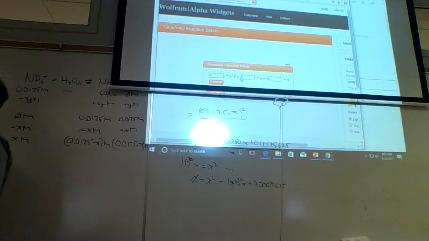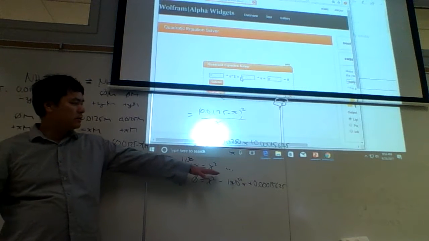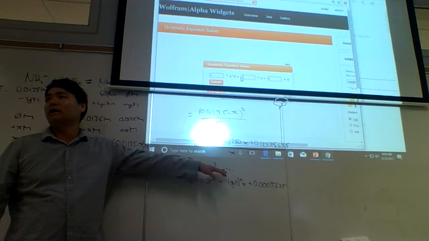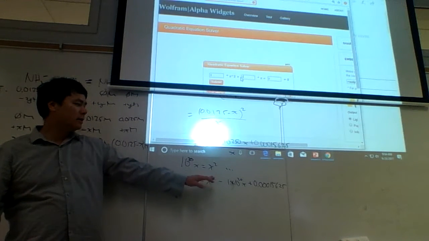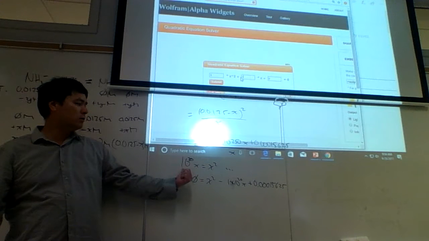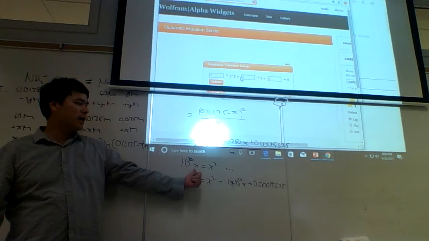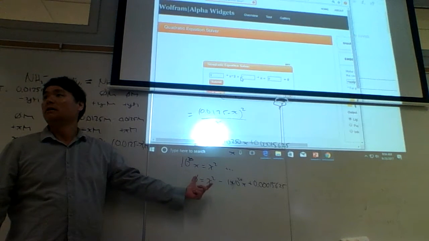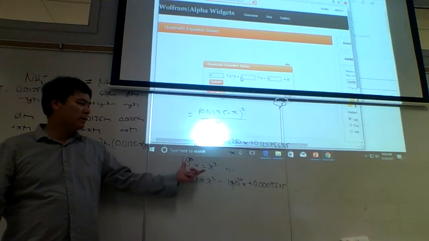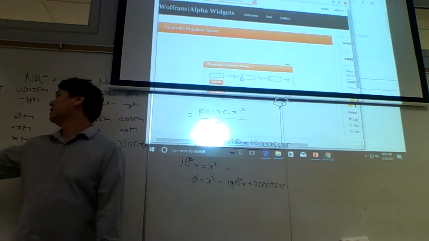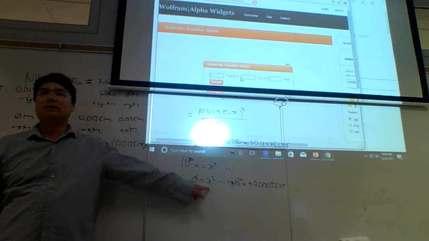Okay, I just double checked multiplying out the binomial. Once you multiply out the binomial, that goes on the right-hand side here, and then I get it in quadratic form, which is this step here. So I have to get it in quadratic form by subtracting 1 times 10 to the minus 20x from both sides. And so that's why I did one more step. This is not the end here, this is the end here.